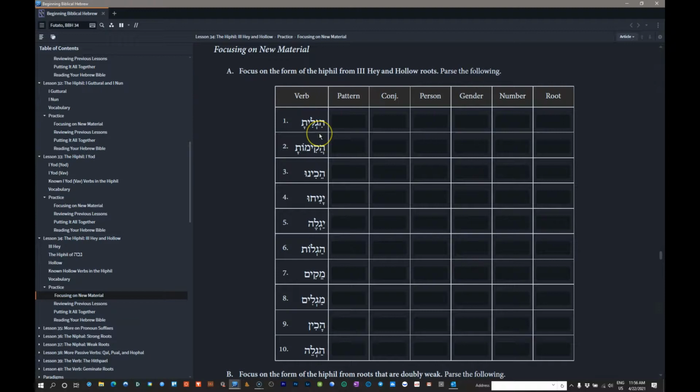34A. So again, same thing as before. Hey hireq. This is perfect. The tav kametz indicates 2MP. Galah. That's tricky actually. So galah, when you add the consonantal suffix, is going to shift to hireq yod anyways. But we're not going to have 2 hireq yods in a row. So we only need 1 there.